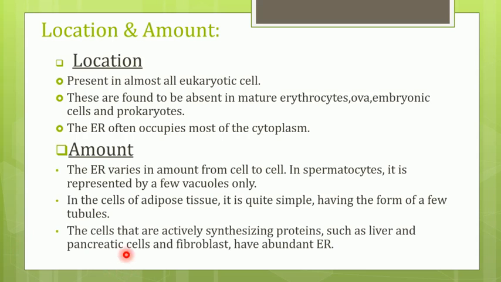Now, the basic function of the endoplasmic reticulum is to synthesize proteins and lipids. Cells that actively synthesize proteins, such as the liver and pancreatic cells, and fibroblasts have the ER present in a large quantity.